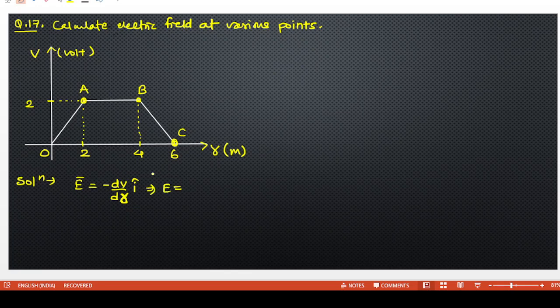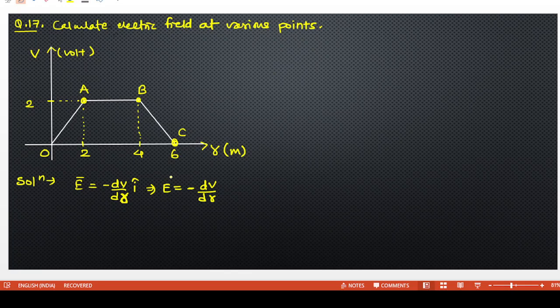Because it is a one-dimensional case, instead of considering E bar as a vector, let us consider E as a vector, and let us ignore this i cap. If this E comes out to be negative, we will say that it is a leftward field. And if this E comes out to be positive, we will say that it is a rightward field.